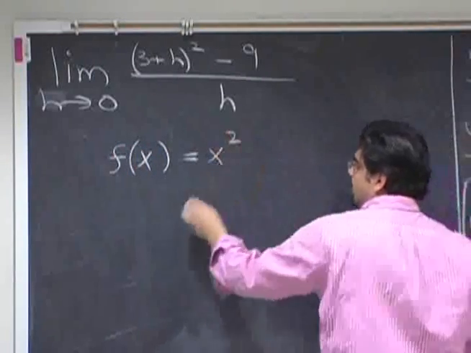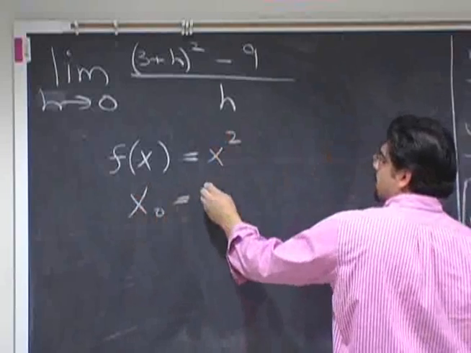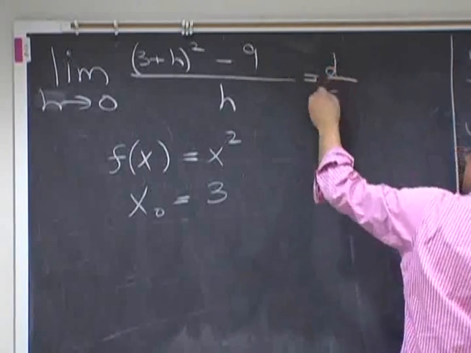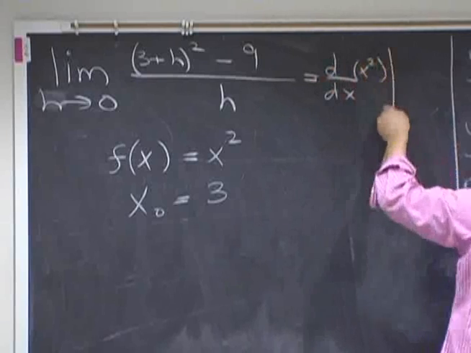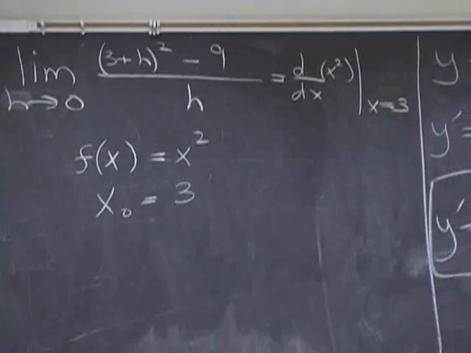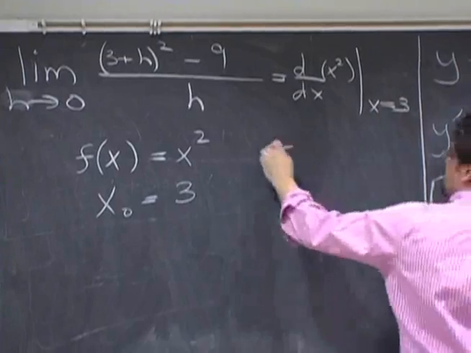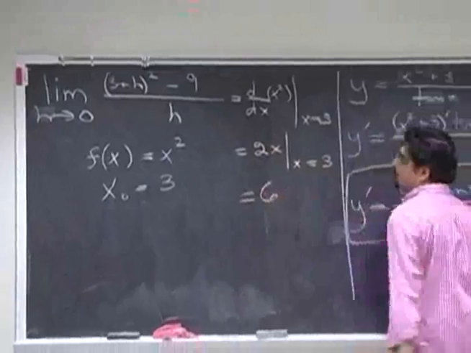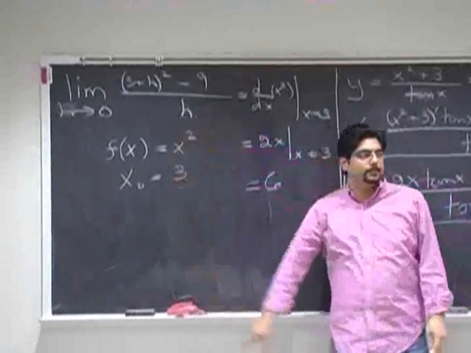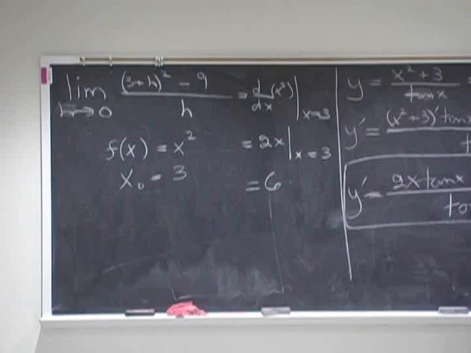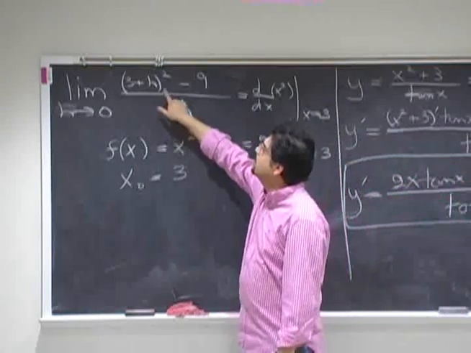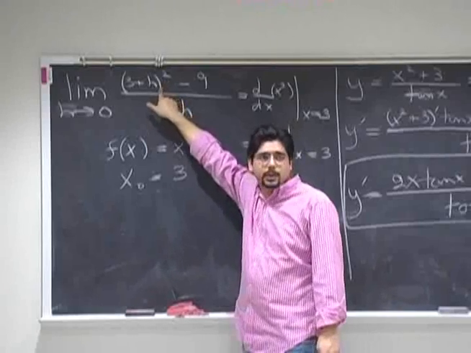X squared, right? And what is the value of x that we're interested in doing the derivative for? 3. Okay? So this is actually the derivative of x squared evaluated at x equals 3. The derivative of x squared is 2x, evaluated at x equals 3. That's 6. And that's the value of this limit. Okay? Of course, this is useful here, but not really necessary because it's not too hard to do the square.